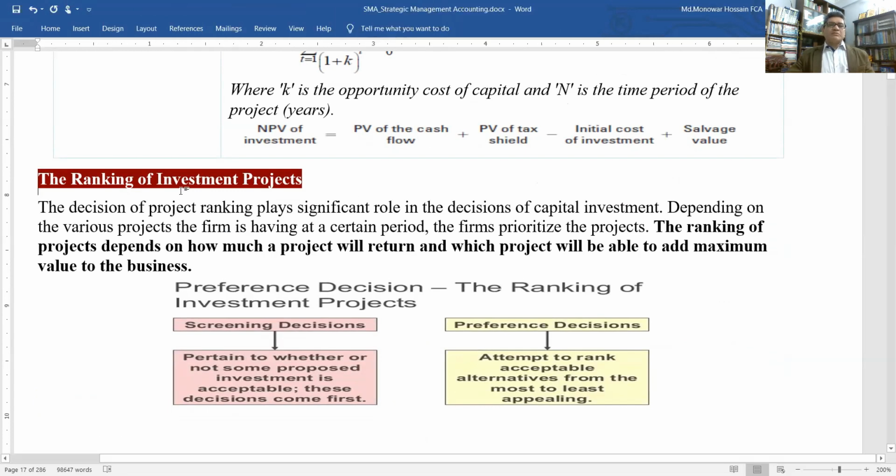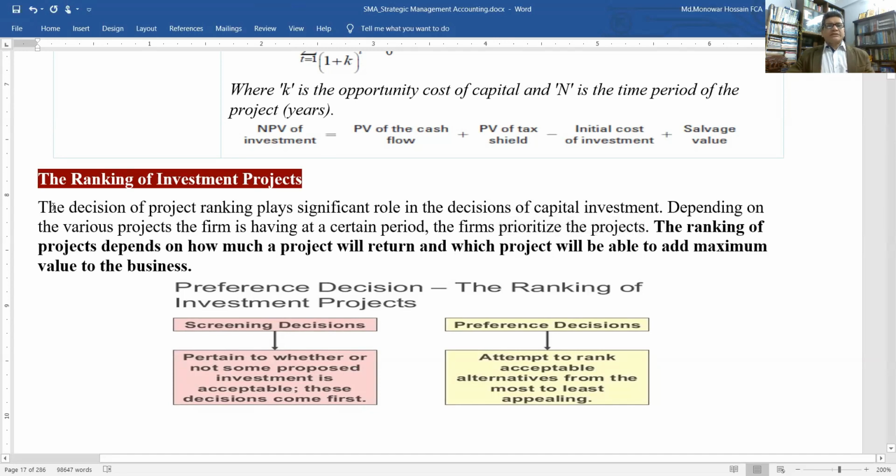The ranking of investment projects. Why do we rank them? Because for the organization or investor, there are a lot of projects. Think that 3 or 4 projects all have positive NPV. So we have to rank them, to see which project gives us more NPV.